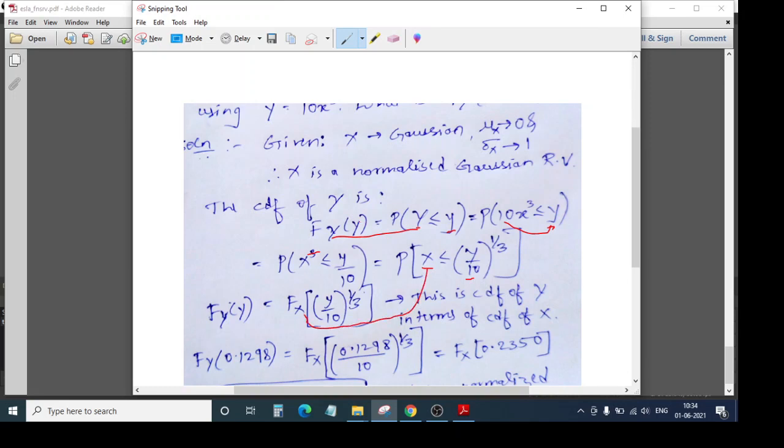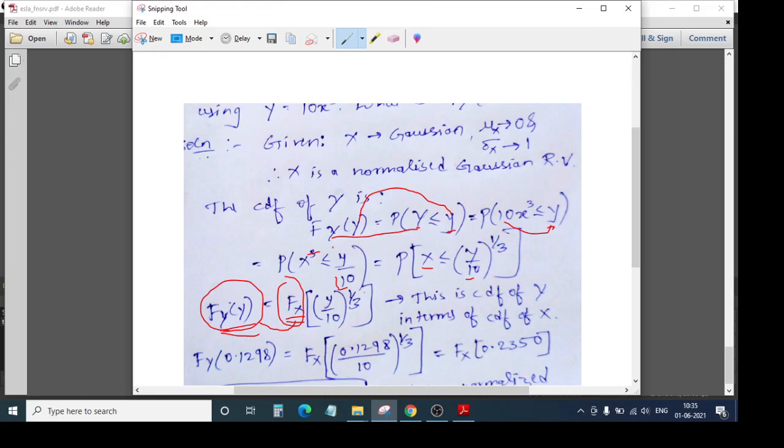Instead of small y, it would be replaced by y by 10 raised to 1 by 3. So you can see this is the CDF of y in terms of the CDF of x, both are capital F. Now we have obtained the relation.